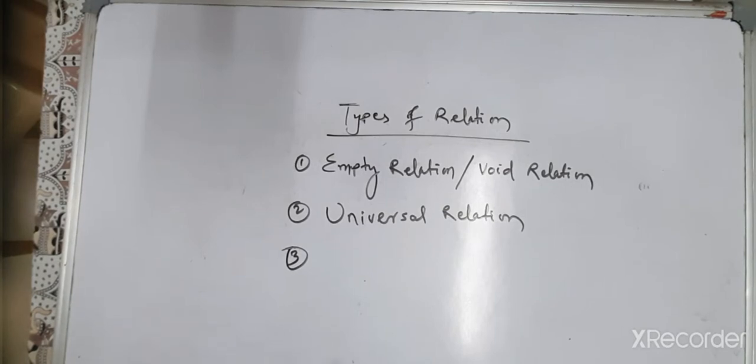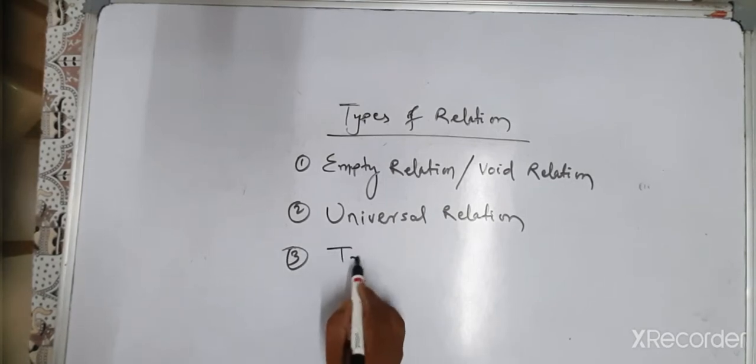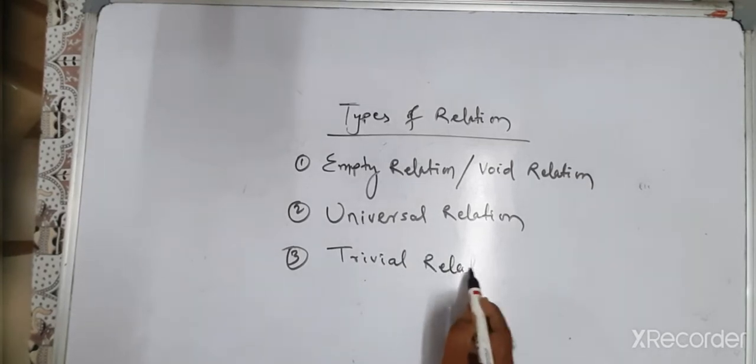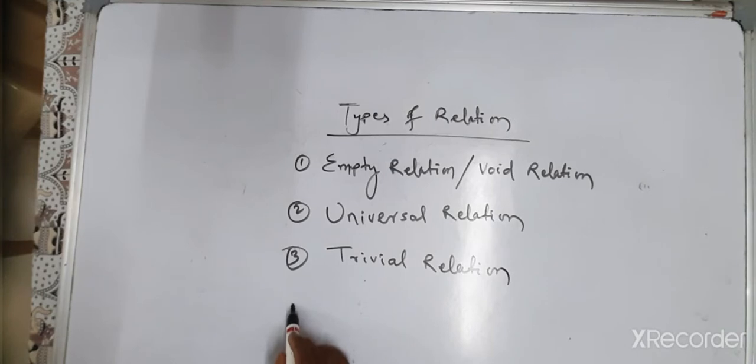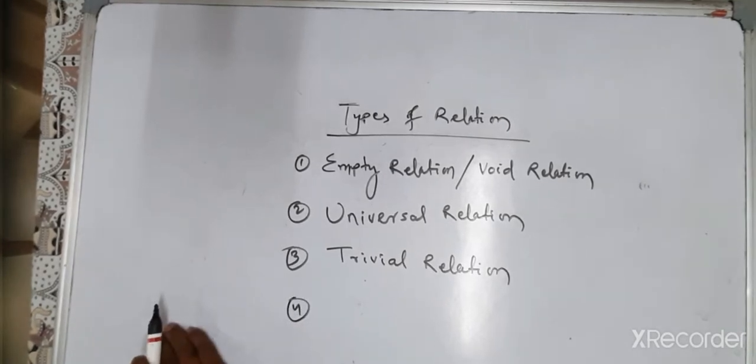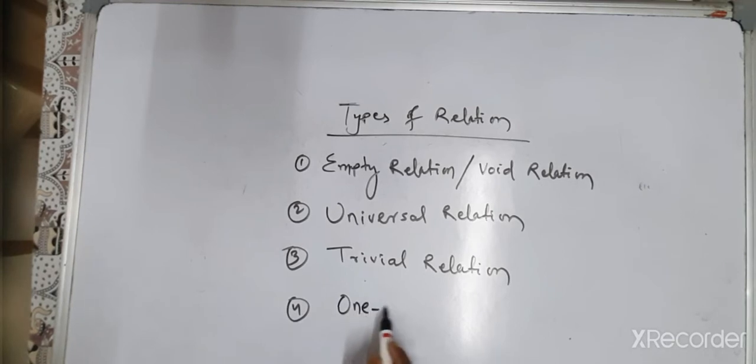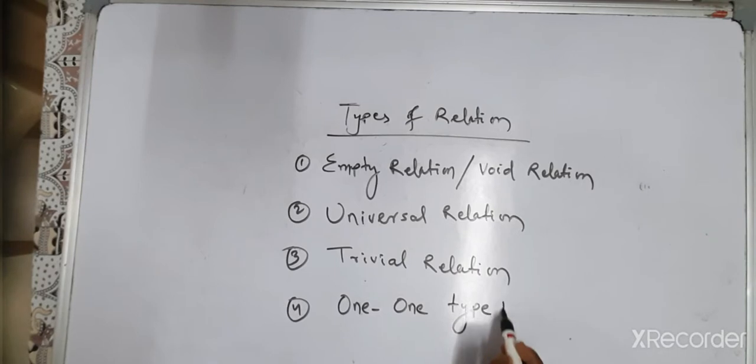Three, the trivial relation. Four, one-one type relation.